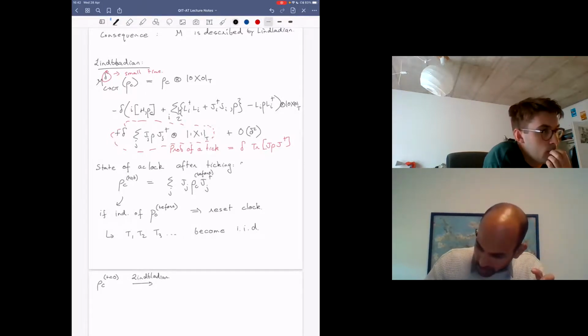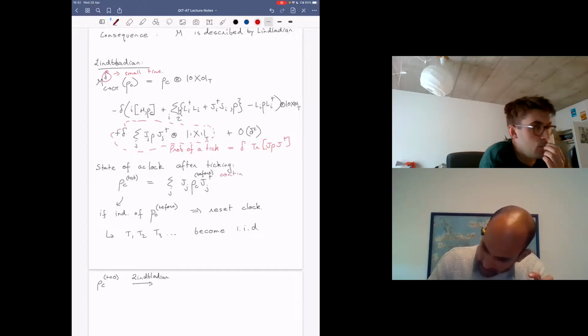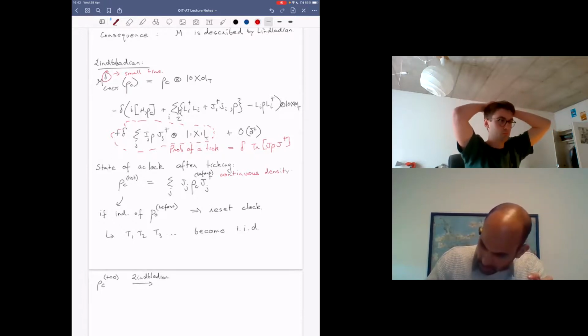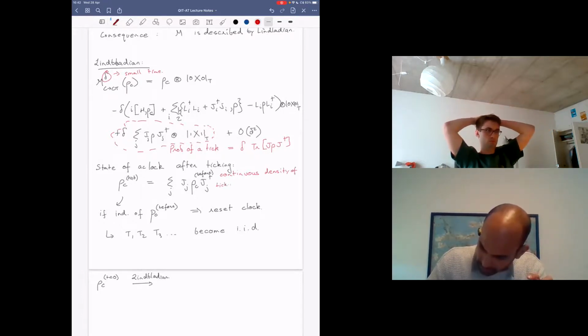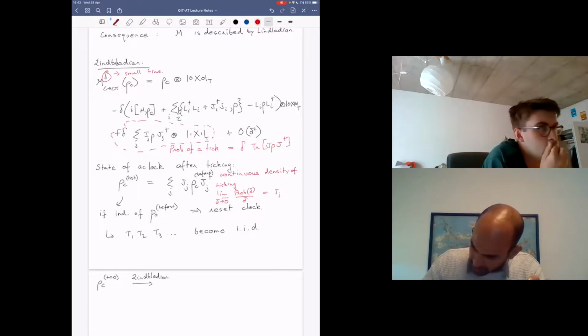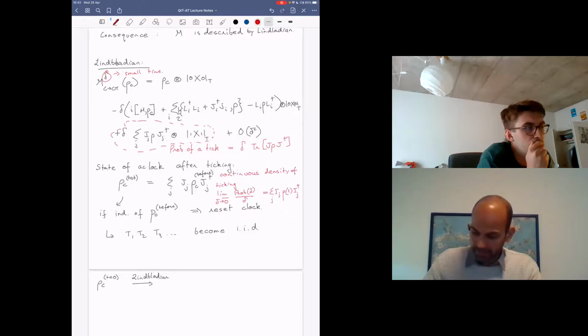We could also convert this to a continuous density of ticking, which is the limit of this probability of ticking in delta divided by delta as delta tends to 0. And that just gives you this j rho as a function of t, j dagger, sum over little j, basically.